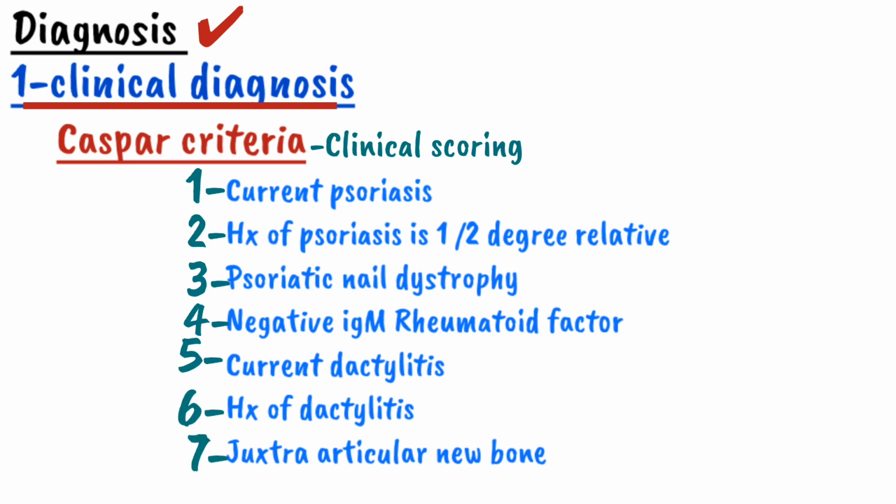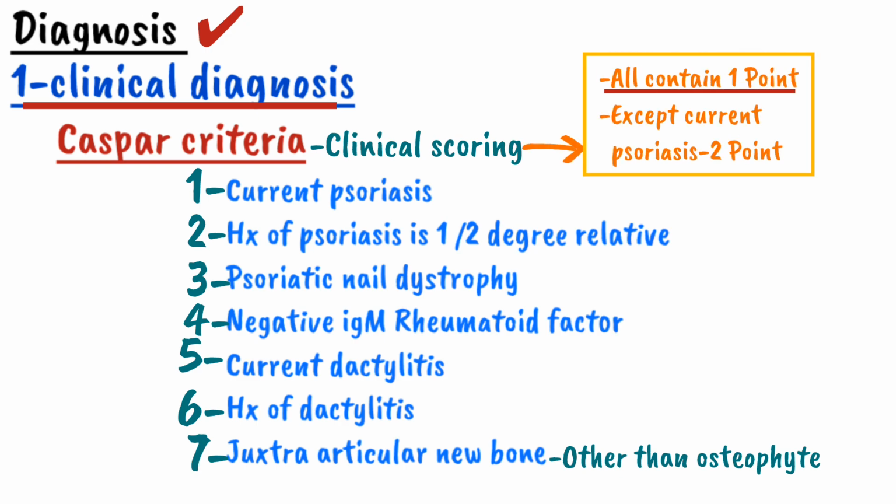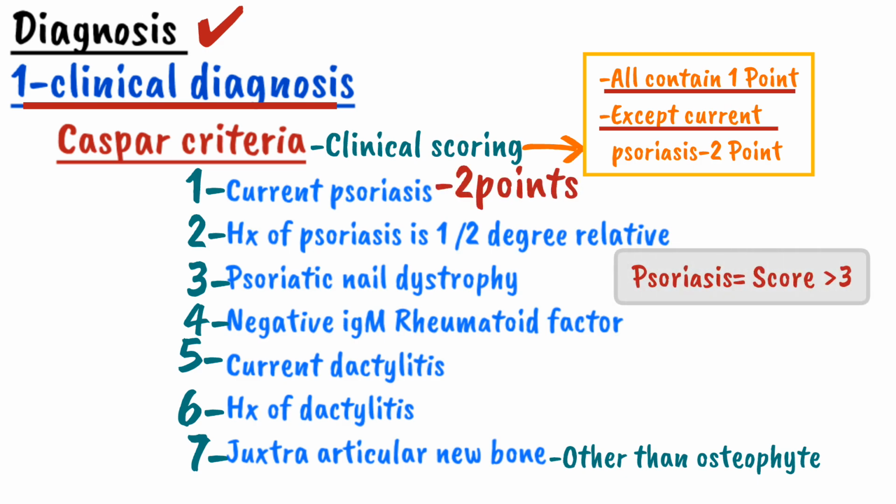Remember that the new bone formation should be something other than osteophyte. All of these variables carry 1 point except current psoriasis, which carries 2 points. If the score is 3 or higher, we say that the patient has psoriatic arthritis.